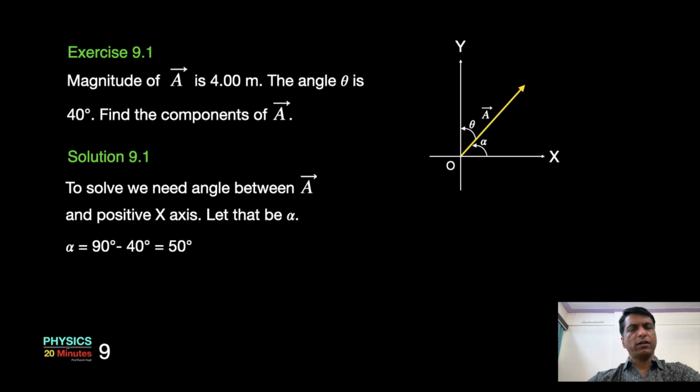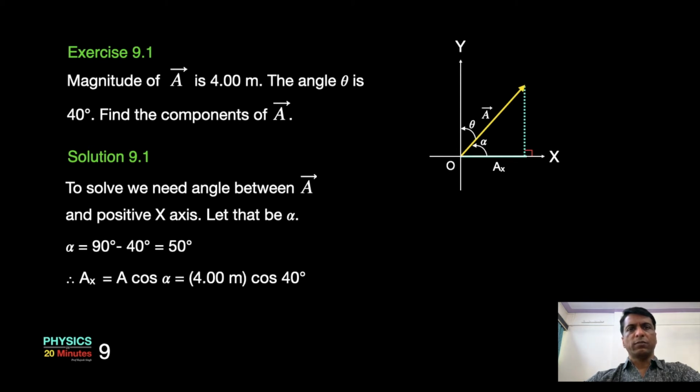Once you know alpha, that is the angle between the positive x-axis and the vector in the anti-clockwise sense, you can use this angle to calculate the components. You may drop a perpendicular from the tip of vector A to the x-axis. That will give you the x component, calling it Ax.